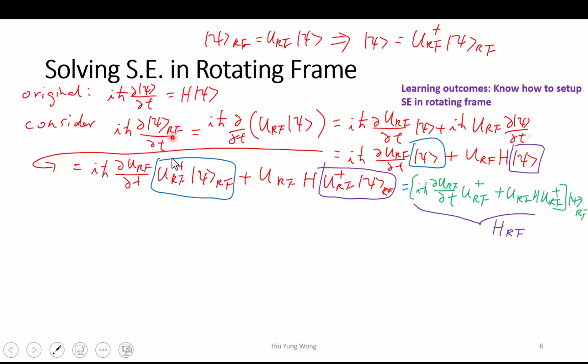Now I have an equation telling me the rate of change of psi RF in the rotating frame equal to something times the state. So this is a new Schrodinger equation, except that now I express the Hamiltonian as a combination of what I know, including H and the transformation. So that Hamiltonian is in the rotating frame.